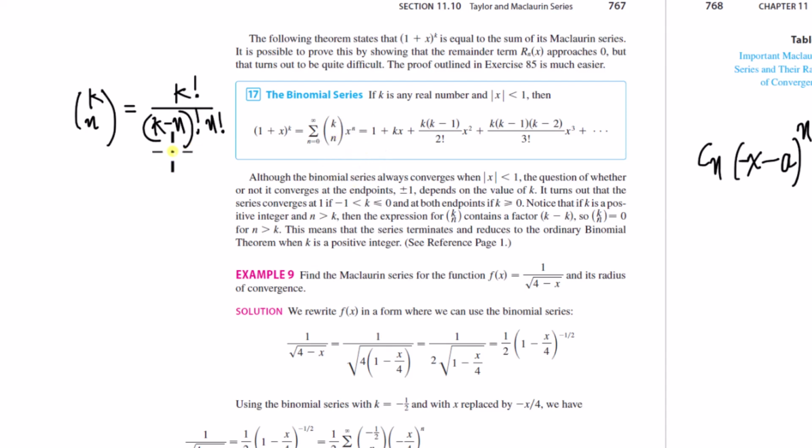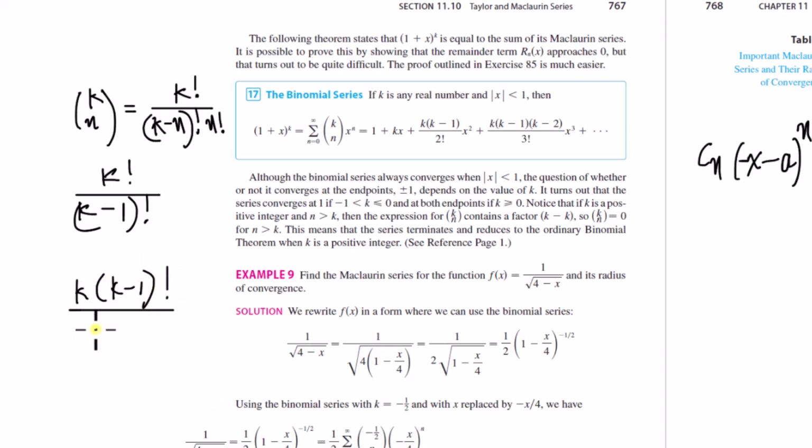When n is equal to 1, you've got k factorial over k minus 1 factorial, and then n factorial is 1. But this is what? This is k times k minus 1 factorial over k minus 1 factorial. So you just have k, and then x to the first.